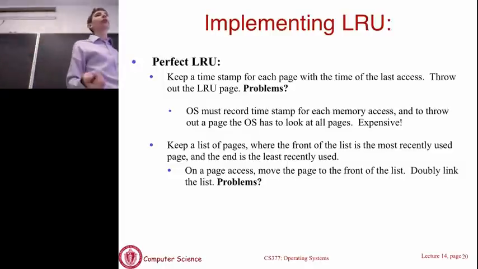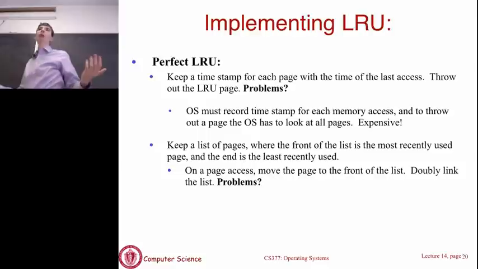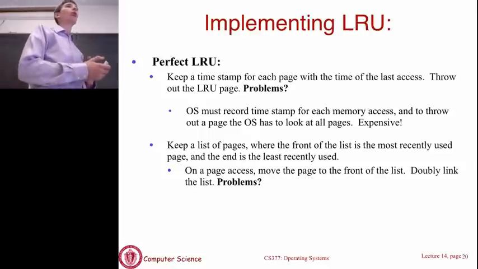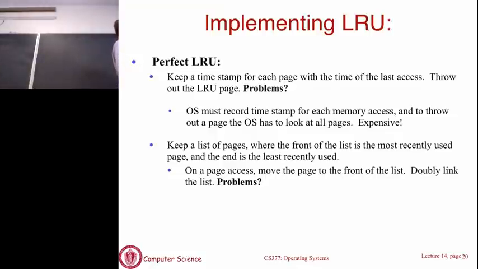So that's also expensive. For both of those reasons, that approach is basically not efficient enough to do in practice. It'll make your memory access time way too slow, both for memory access itself and also when you need to handle a page fault.